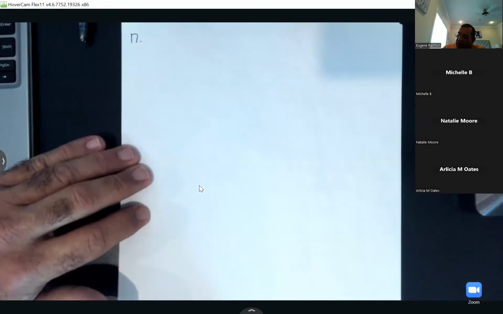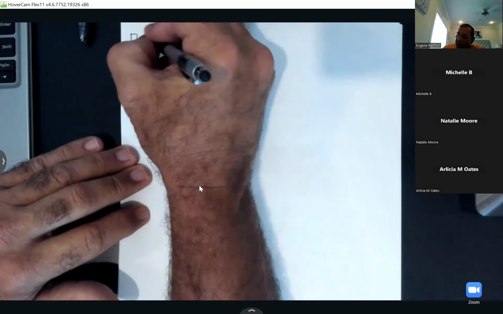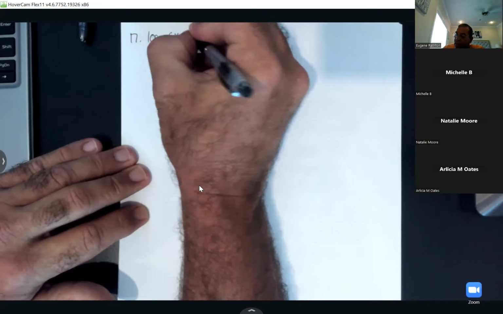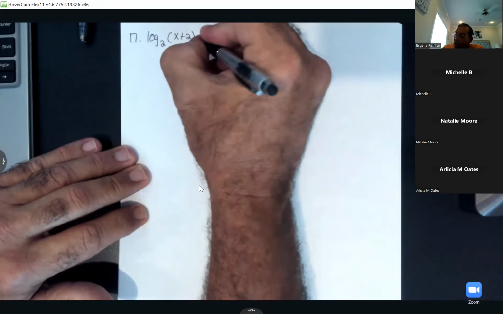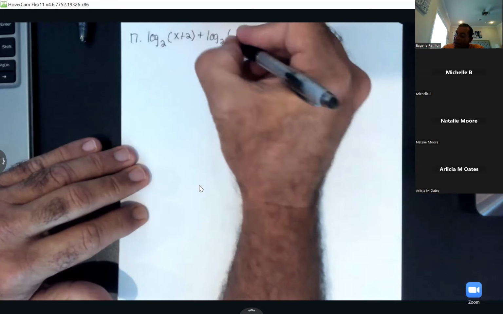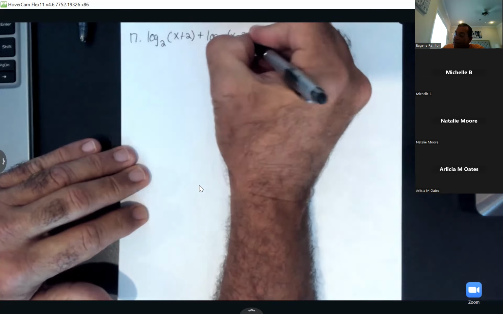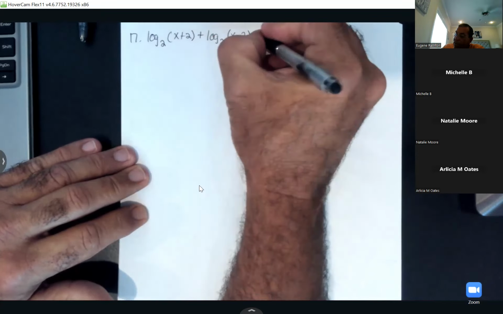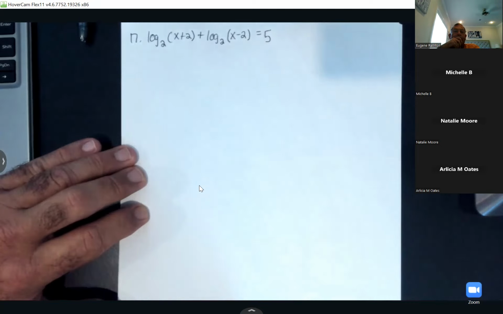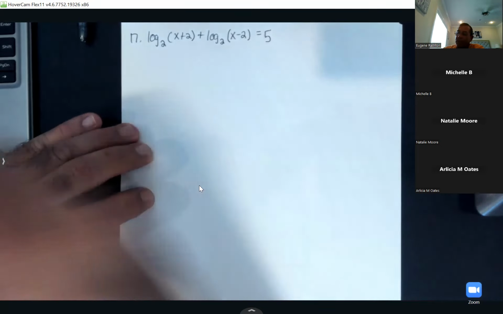All righty, so I got a log base 2 of x plus 2 plus a log base 2 of x minus 2, that's going to equal a 5. So y'all see it again, right?